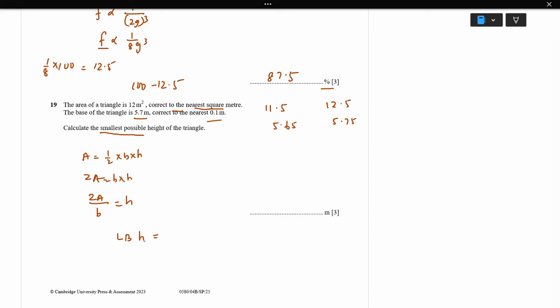Lower bound means least value, so that means 2 times the lower bound of area over the upper bound of base. So 2 times the lower bound of A, which is 11.5, over the upper bound of B, which is 5.75. The answer is going to be 4. 4 is the answer here.